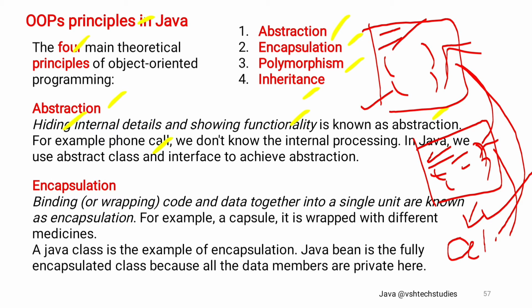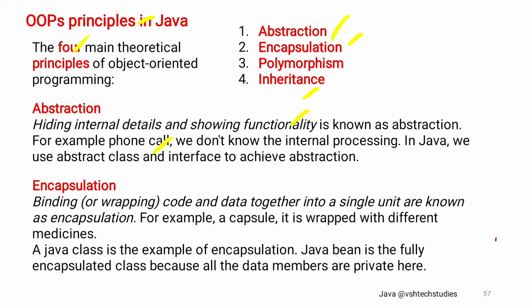So without knowing the internal implementation details of the methods, we can use the methods of a class by instantiating that class, means by creating an object of that class, and on the object calling the methods, we can get the corresponding task done. That is what abstraction is.